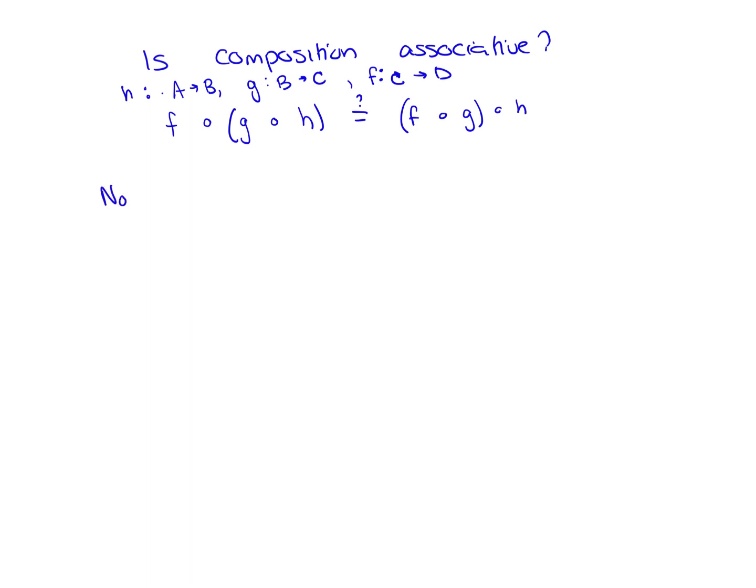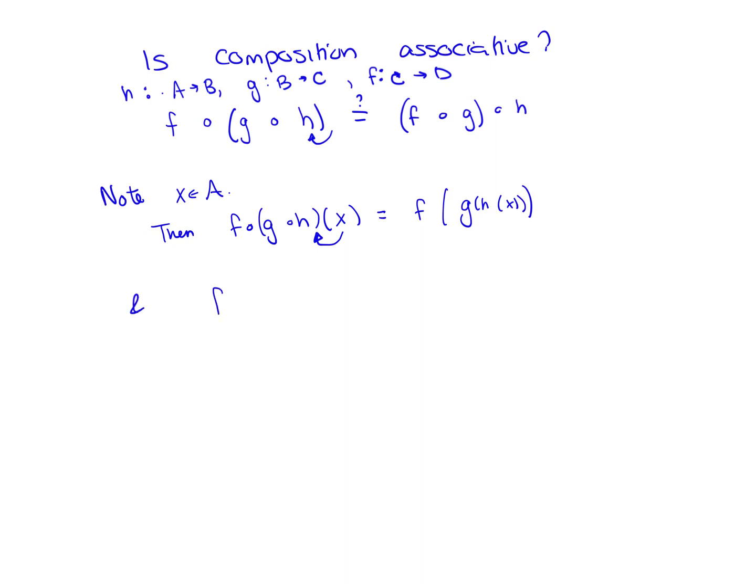So let's say I have some X that can go into H. So let's let X be an A. Then what does F compose G compose H of X look like? Well, by definition, that's just going to be first plug X into G compose H, which is just G of H of X. And then we're going to plug that into F. Make sure we get all the parentheses there.